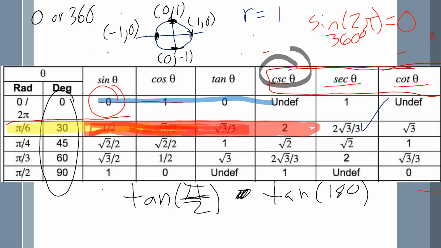Why don't you convert these radians to degrees? That's for you. In case you forgot, go back to the previous video and find out. So yeah, pi over 2, just looking at my table, is tangent of 90 degrees.